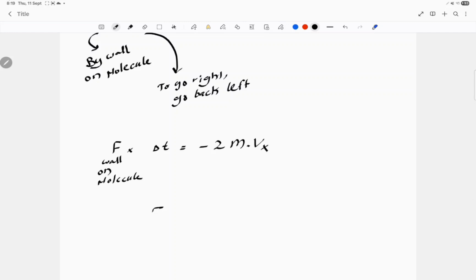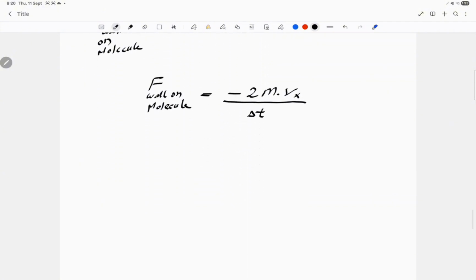So the force of the wall on the molecule is equal to negative 2m times vx over delta t. Now, if the force by the wall on the molecule is negative, then the force of the molecule on the wall has to be positive. So the same exact equation, but simply positive.